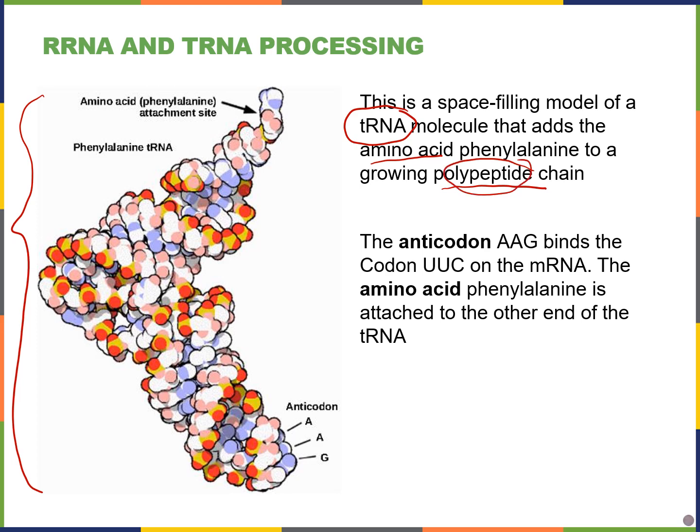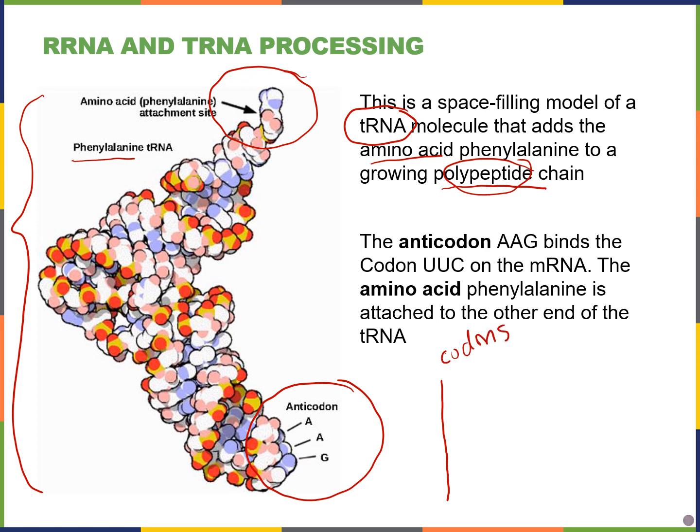For the tRNA, there are two important sites. One is the amino acid attachment site, and in this case it happens to be the amino acid phenylalanine. On the other side, we have an anticodon that will base pair or hydrogen bond with the codons found on the messenger RNA.